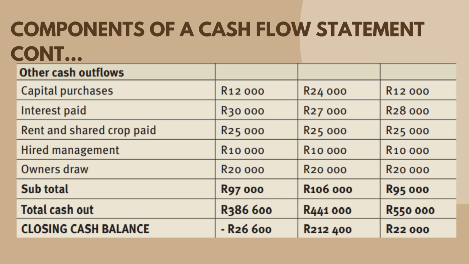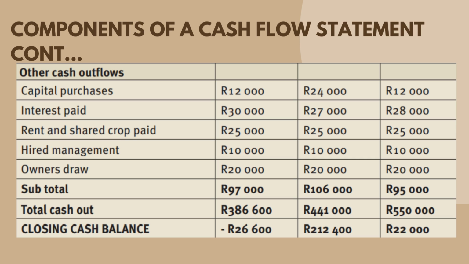Then now you will have other cash outflows, right? That will maybe include the interest, the rent, hired management, capital purchases, and all that. Then you add that all together. Then you look now, okay, now closing cash balance. How much do you have at the end of the month? Does it make sense? I hope it does.